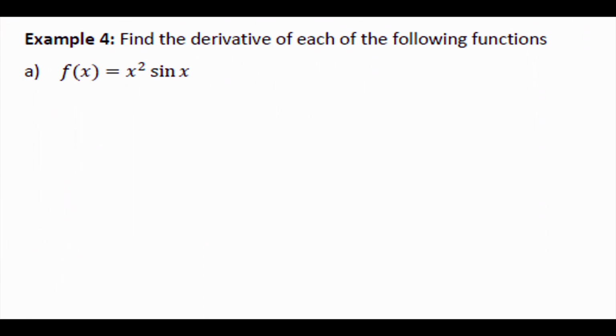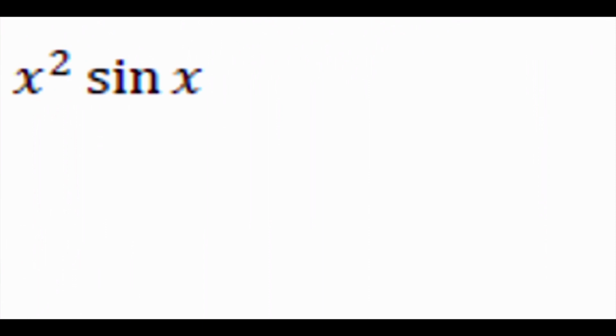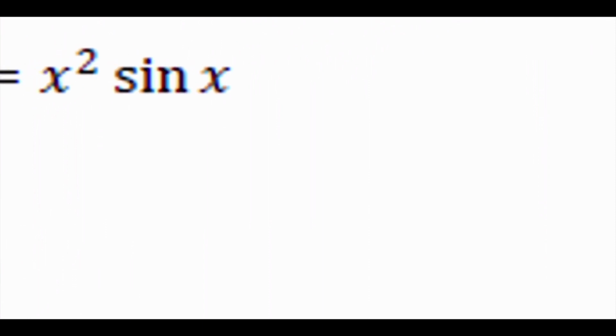Find the derivative of f of x. F of x equals x squared sine squared. What are x squared and sine squared doing to each other? Mathematically, what's happening there? They're being multiplied together, right?